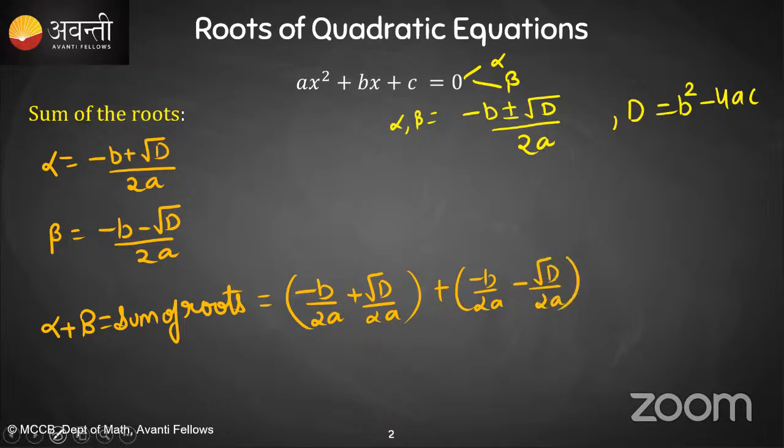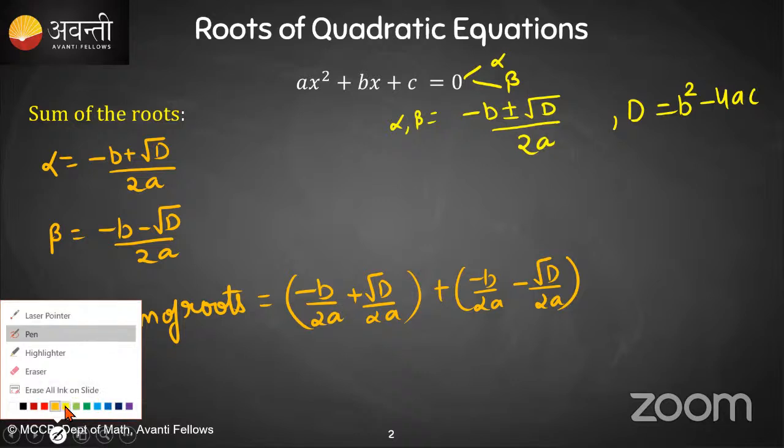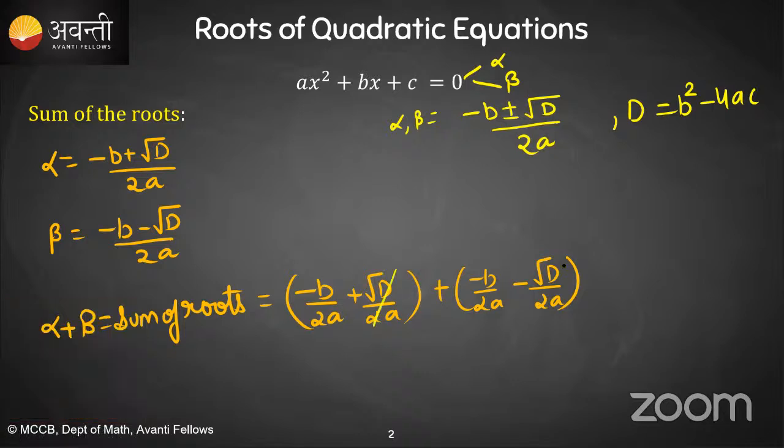So what will come? Plus root d by 2a and minus root d by 2a get cancelled out. What is left? Minus b by 2a minus b by 2a, which means minus b by a. So this is nothing but the sum of roots.